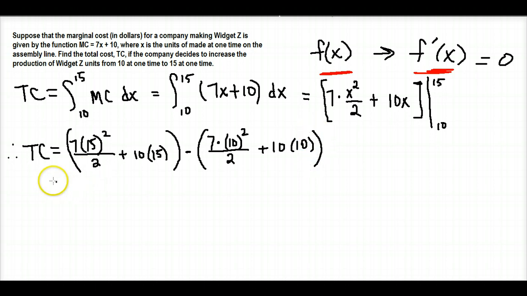All right. And so now it's just a matter of calculating at this point.